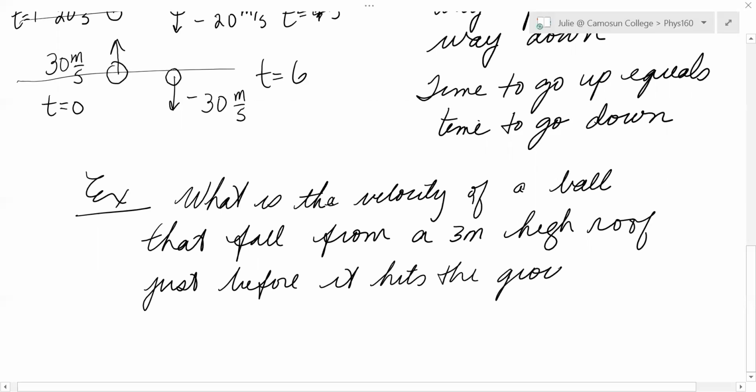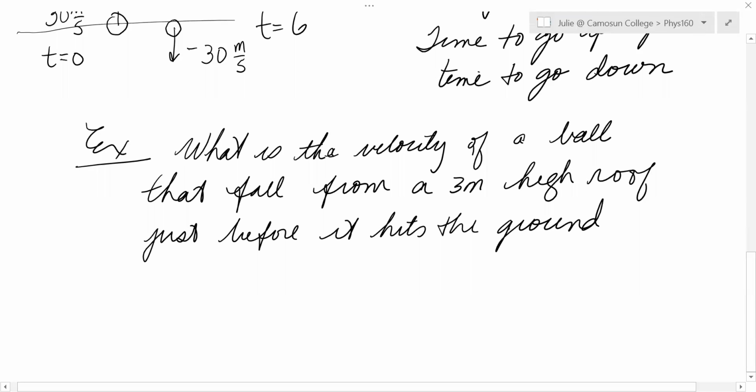Okay, so we want this velocity just before it hits the ground. This is going to be important when we start calculating things like, from what height do you have to fall and land straight-legged that breaks your leg?